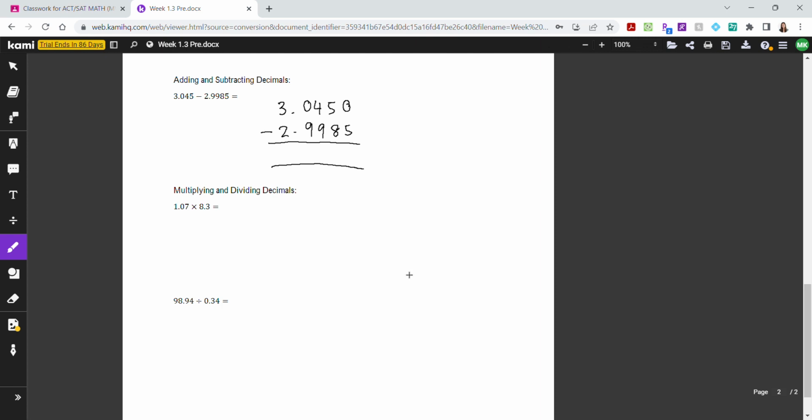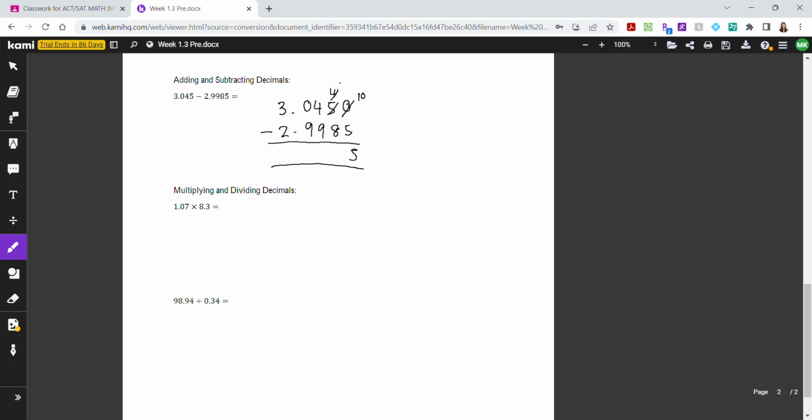So again, you would want to do your normal calculations here, so 3.0550 minus 2.059985. Let's see what that will give us. Okay. We need to borrow 10, so this becomes 4. That's 5.